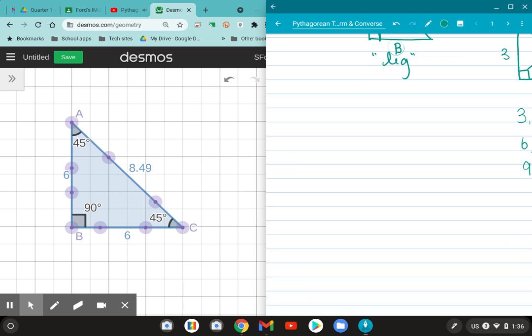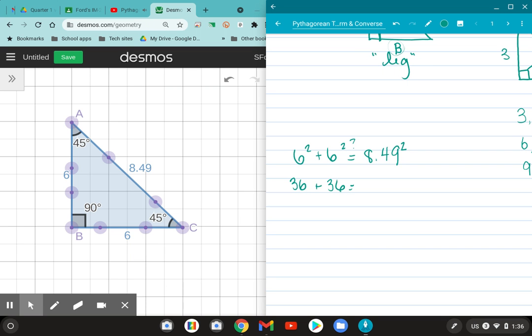So I can go, is 6 squared plus 6 squared going to equal 8.49 squared? And you do want to have your calculators out. So 6 squared is 6 times 6. Please do not tell me it is 6 times 2. It's not. 6 squared just means 2 sixes. 36 plus 36.